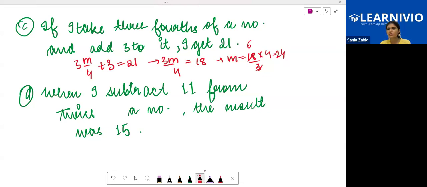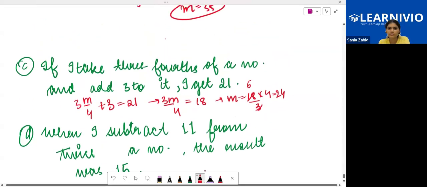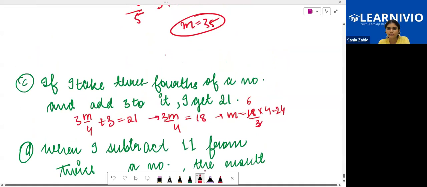What is the equation you both formed? Ma'am, 3 by 4x plus 3 equals 21. Speak a little loudly, Razan. 3 by 4x plus 3 equals 21. Yeah, so this is the equation that you're forming, but how are you getting 72?